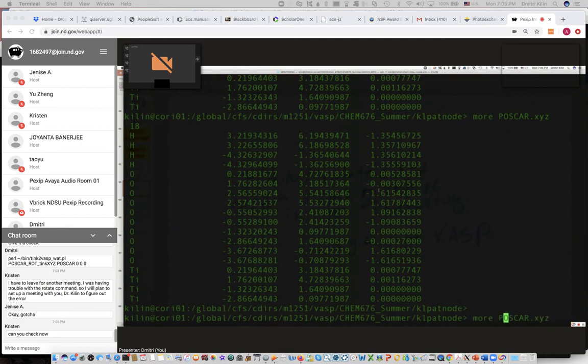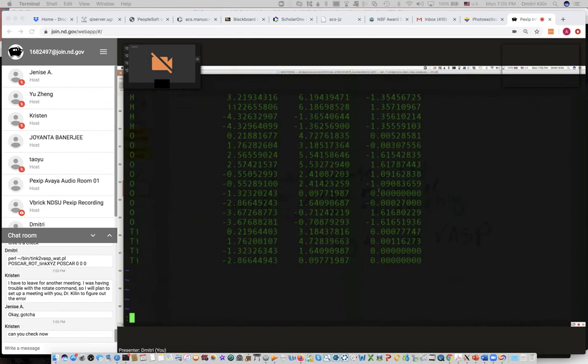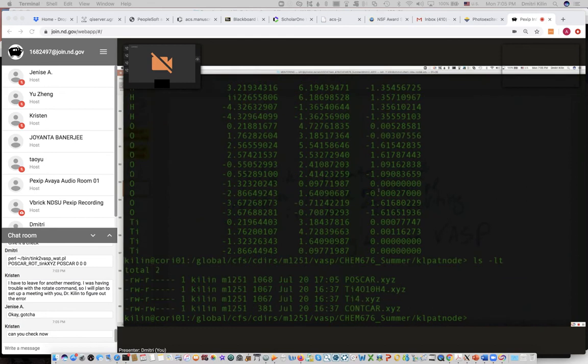So, in the directory of Kristen. Yes, and now after this, the rotate command will work. After the postcard is in the right format, you just repeat.